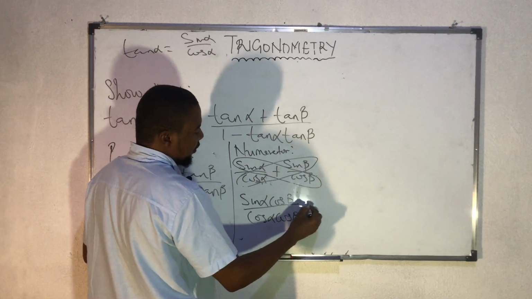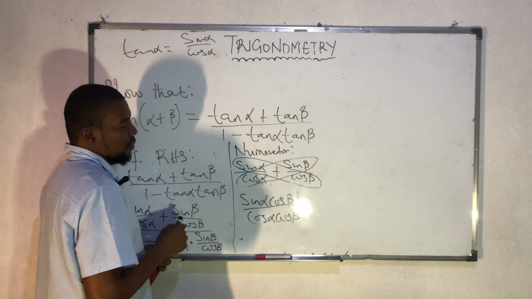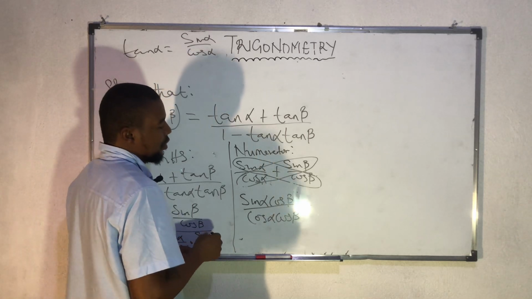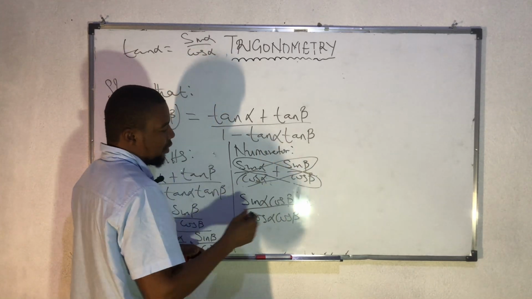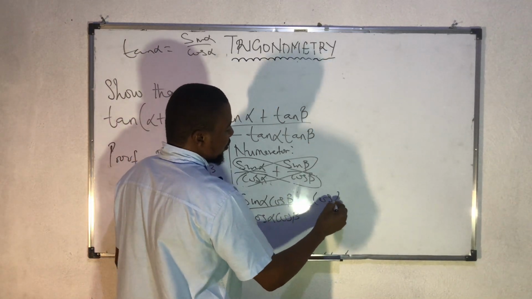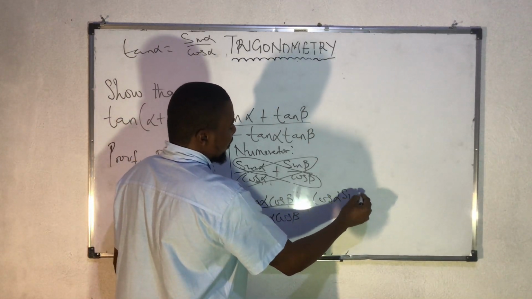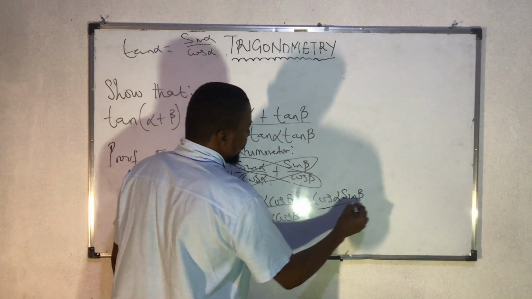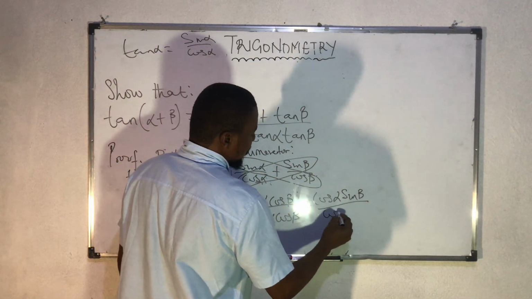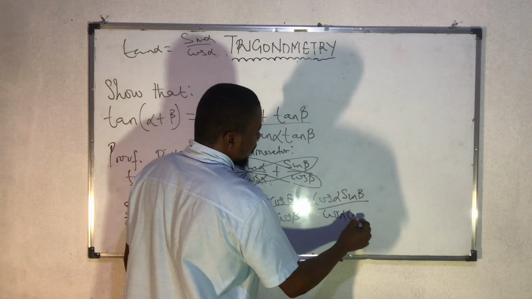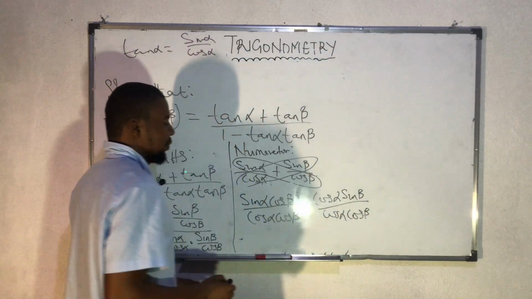And on the right part, if we do this multiplication, what are we going to obtain? Cos alpha multiplied by sine beta will give you cos alpha sine beta over, for the next one, we have cos alpha cos beta.